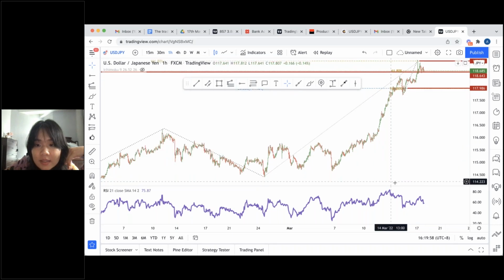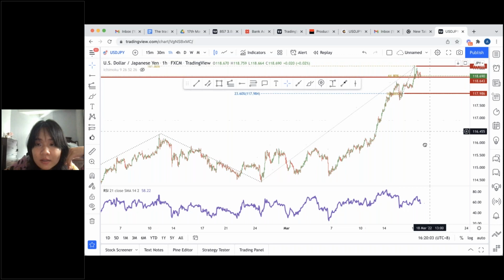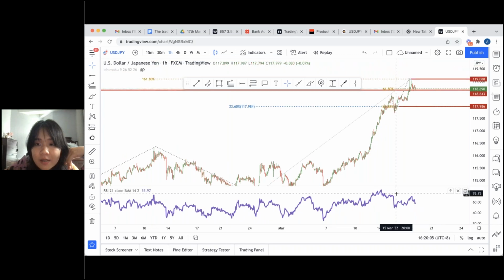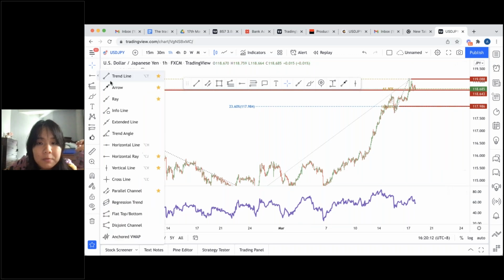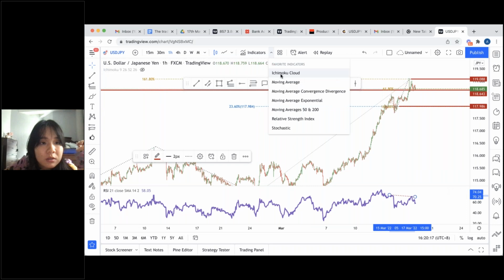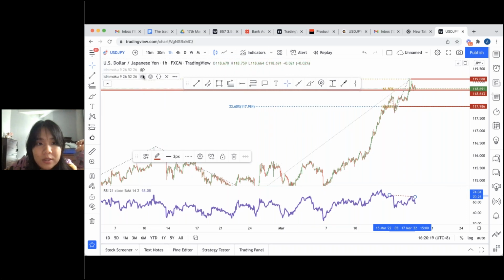You guys can see here the market is making higher highs, but RSI is making lower highs. So this is a divergence spotted on RSI. That is one case where we believe there might be a reaction going on, one support for the reaction right now.